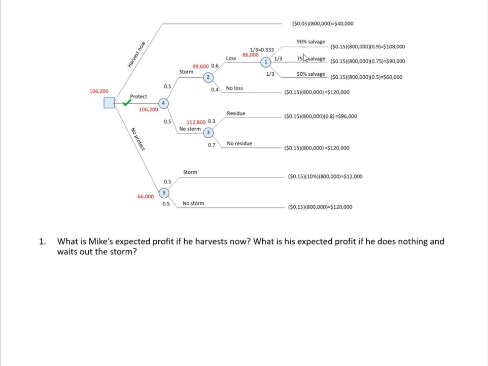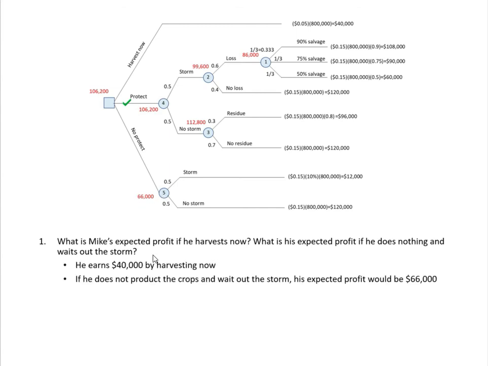Okay, that's it. Next one, what is the expected profit if he does nothing and waits out the storm? So that means he chooses this branch, not doing anything and waiting out the storm. And in that case, his expected profit is this number. So that's the answer.